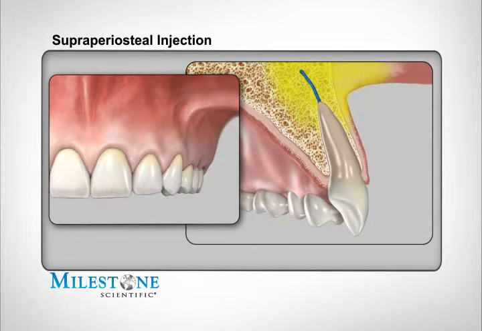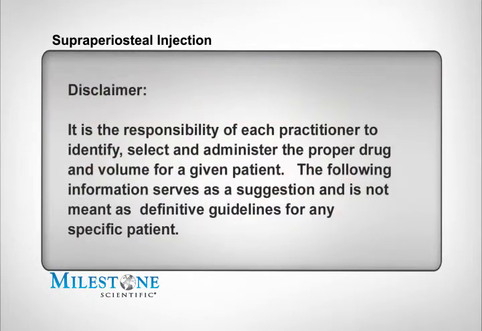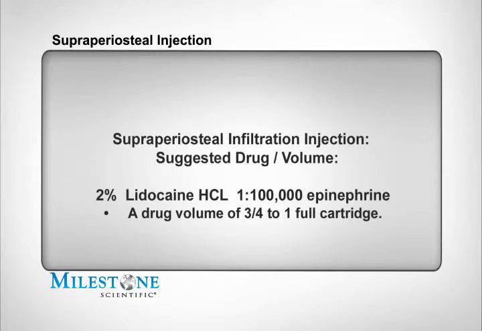It's the sole responsibility of each practitioner to identify, select, and administer the proper drug and volume for a given patient. The following information serves as a suggestion and is not meant as definitive guidelines for any specific patient. The suggested drug and volume to perform the supraperiosteal buccal infiltration injection is 2% lidocaine HCl, 1 to 100,000 epinephrine.